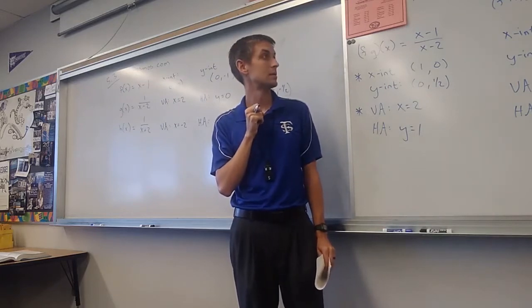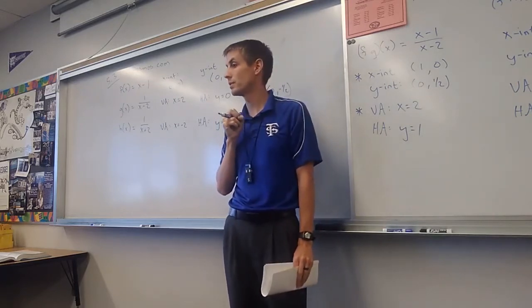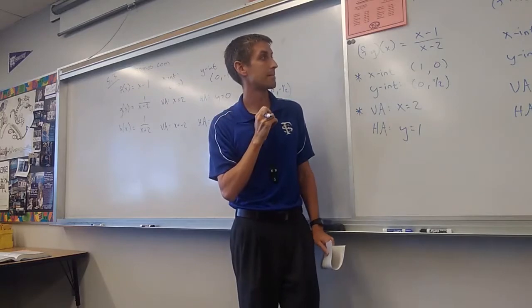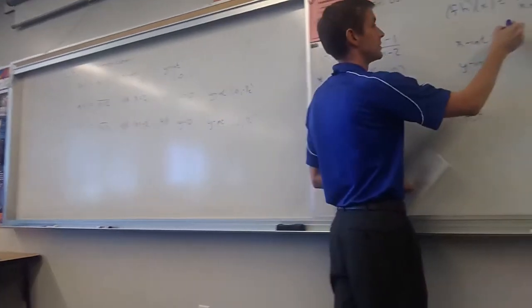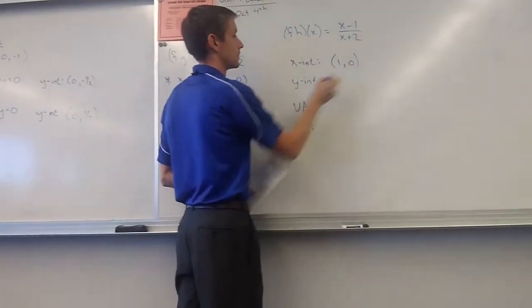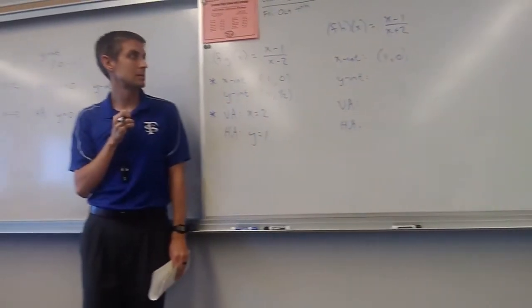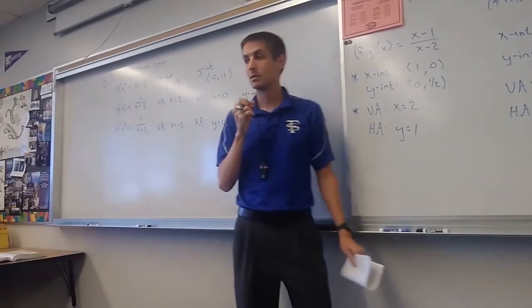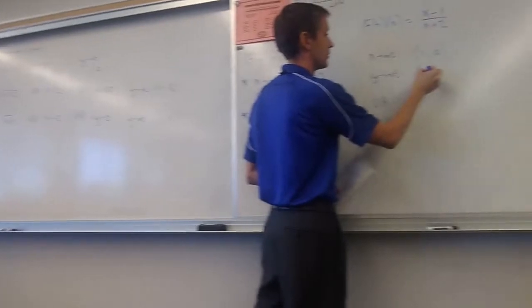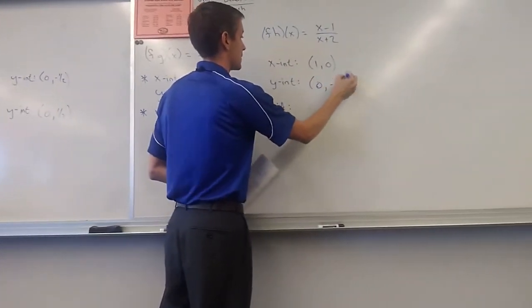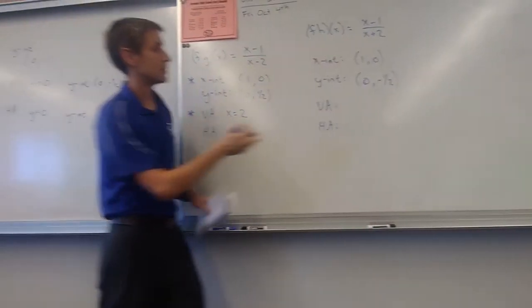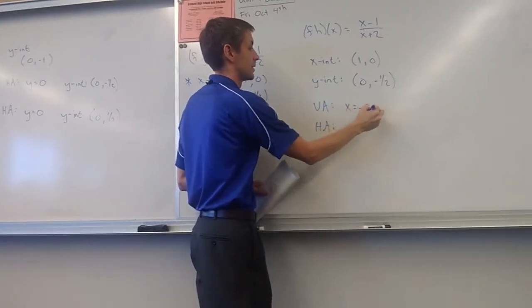X-intercept is the same. Yeah, that's what I meant to say. So x-intercept is still at 1. Y-intercept? Negative 1/2. Vertical asymptote, x equals -2. And horizontal, y equals 1.